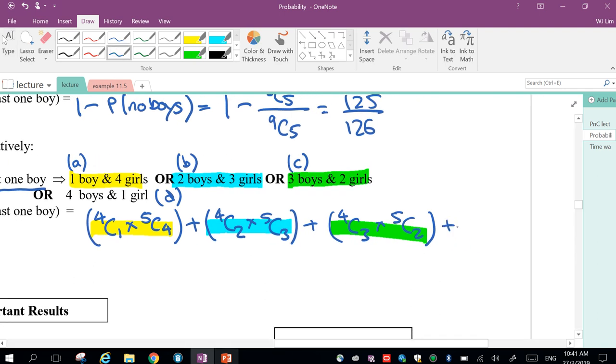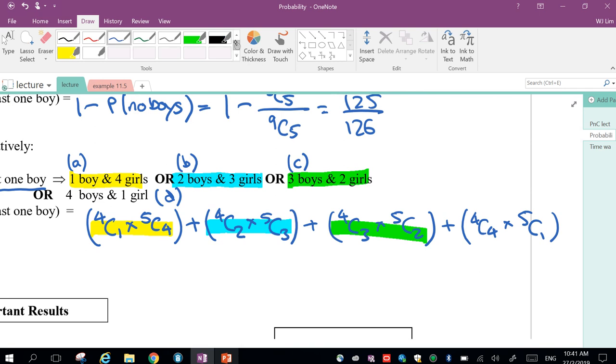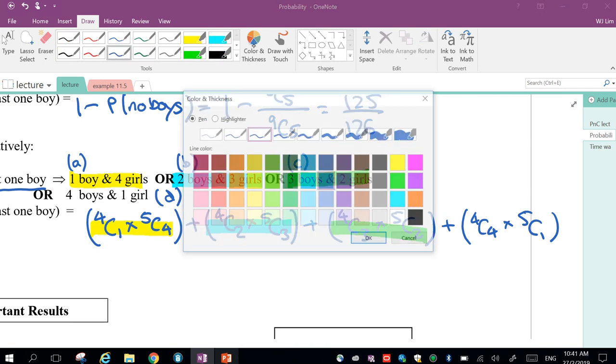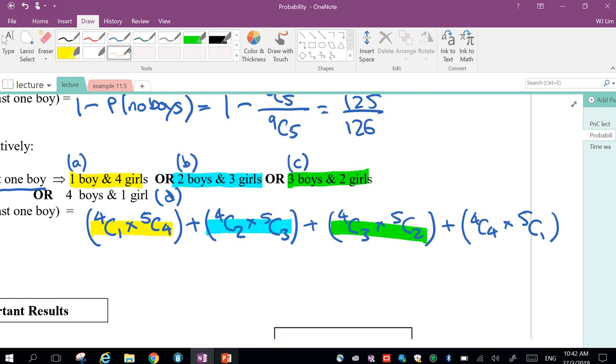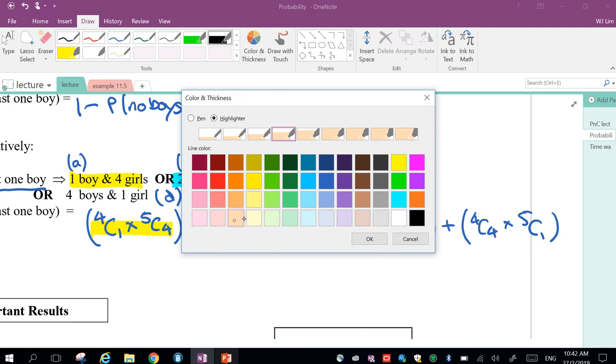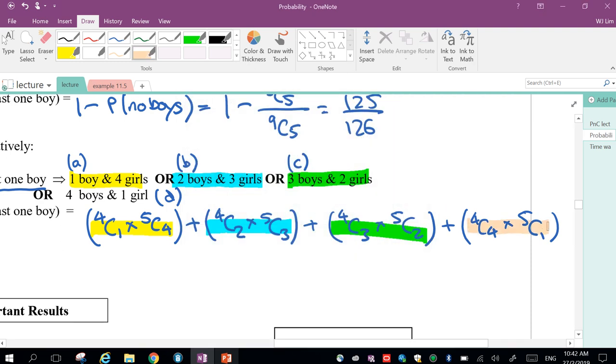Then you plus the last case, case D, which is 4 choose 4 times 5 choose 1. This is the last case. I pick orange. Okay, so the last case is orange.